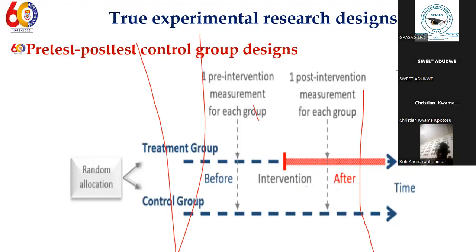That is pre-testing, or collecting pre-information about your participants before the intervention. So you collect data before and after. But whatever happens between before and after is the intervention that you have brought forward, the intervention that you are introducing into your treatment group.